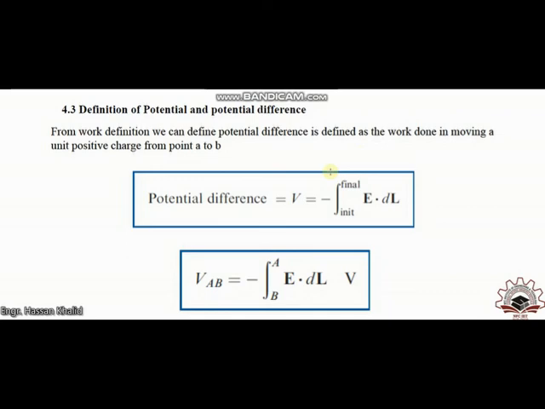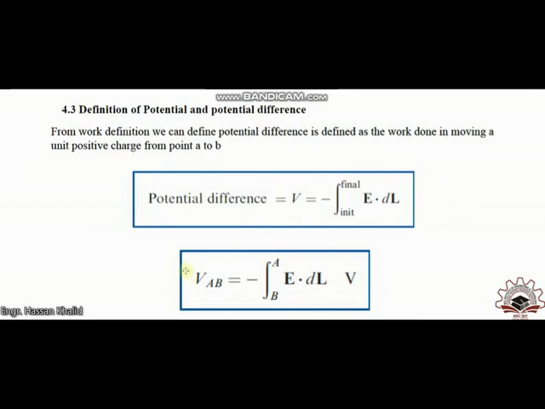From the basic definition of the work, we can obtain the potential difference as the work done in moving a unit positive charge from point A to B. That means W over Q will be equal to the potential difference in moving the charge from the initial to the final point, and the rest of this equation will be the same, minus the integral from the initial to the final of the electric field intensity dot dl. The roles of these functions are the same as discussed above.